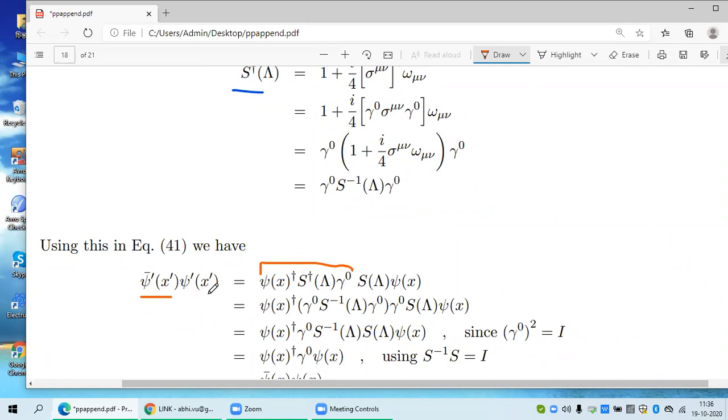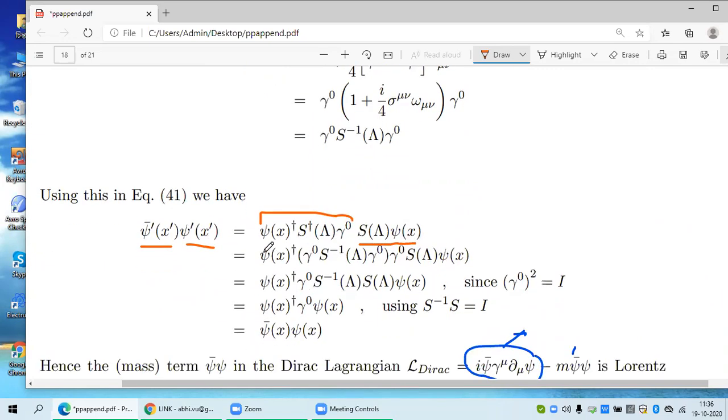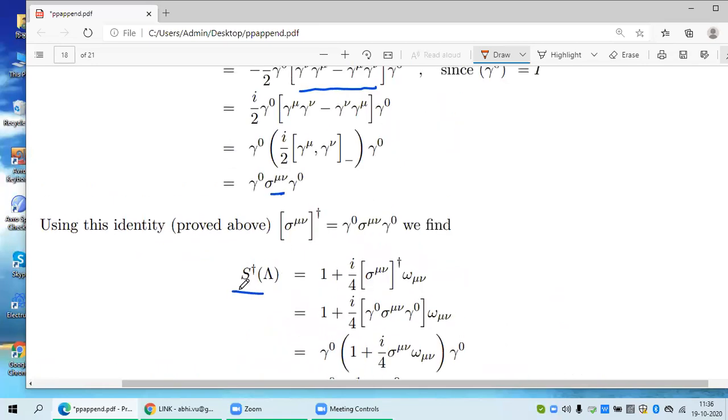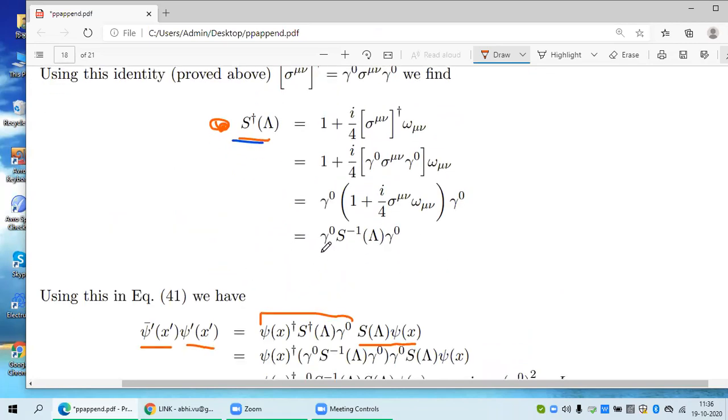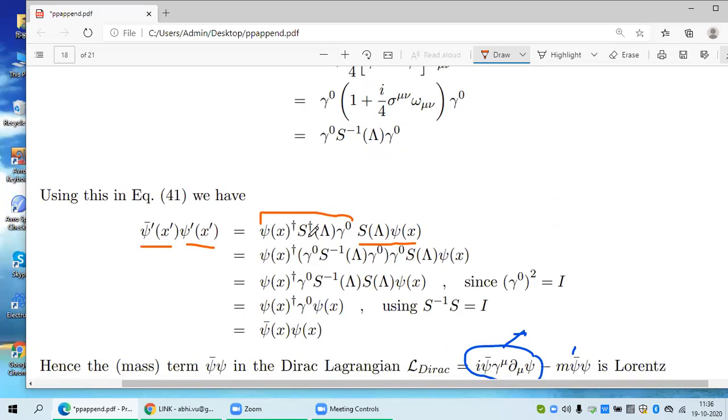That is how psi bar prime is transformed. And I know this transforms in this way. Now you multiply everything. Now S dagger again, in place of S dagger, I can use this. S dagger is gamma 0, S inverse gamma 0. So in place of S dagger, I put gamma 0, S inverse gamma 0. Clear?